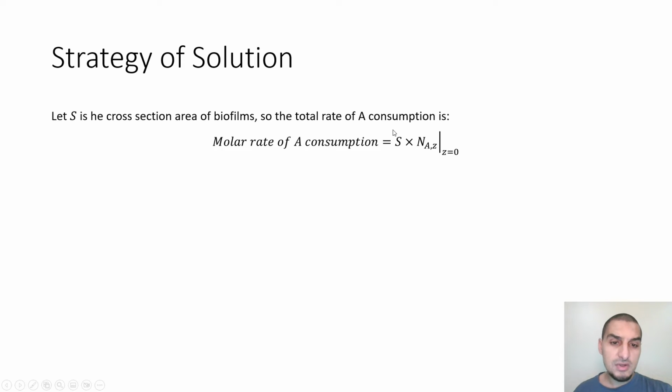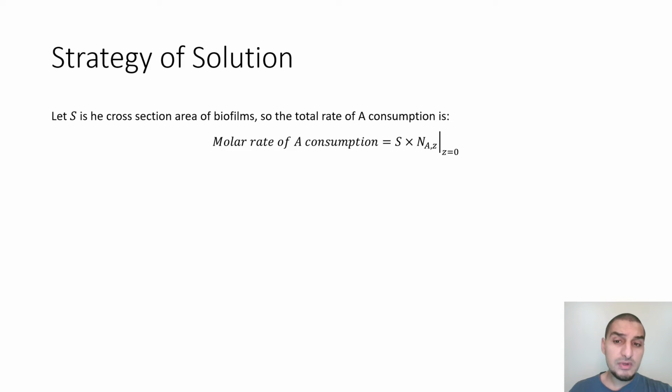So if I want to get the surface area, which is S, then I need to know the rate of consumption of A and the flux of A, at Z equals 0, because this is where the flux starts. It gets consumed when it goes inside the biofilm, so I'm more interested in the flux at the surface. This is the relation. If I know these two, then I'm good to go.